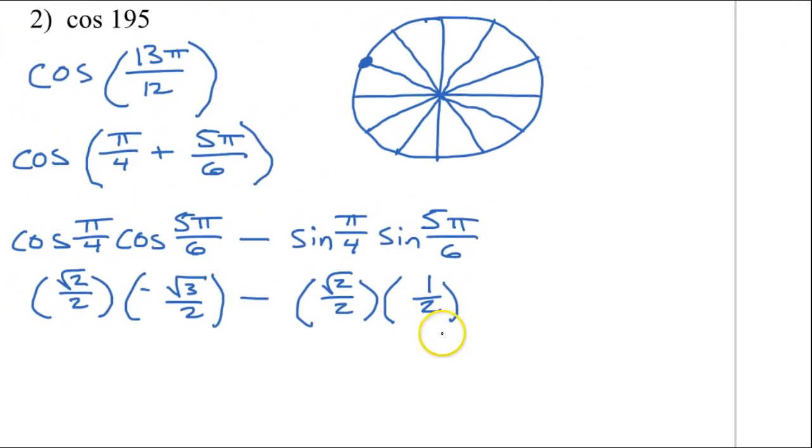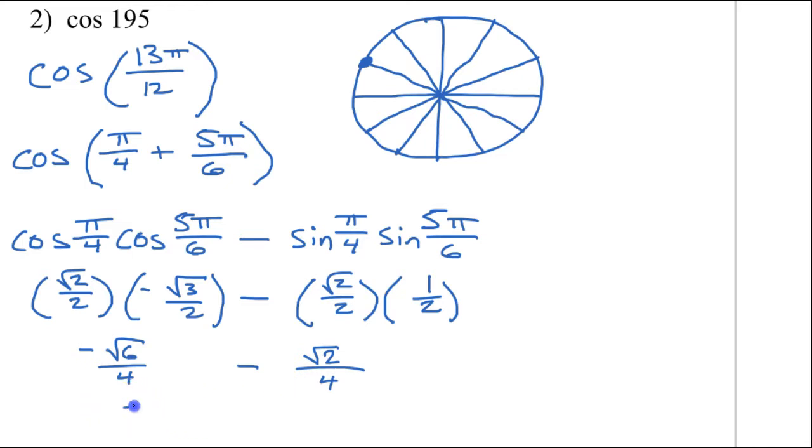Okay, now let's just multiply and search. If I multiply these together, I am going to get negative radical 6 over 4. If I multiply these together, I'm going to get radical 2 over 4. Now, these have like denominators, so I can go ahead and put these right together.